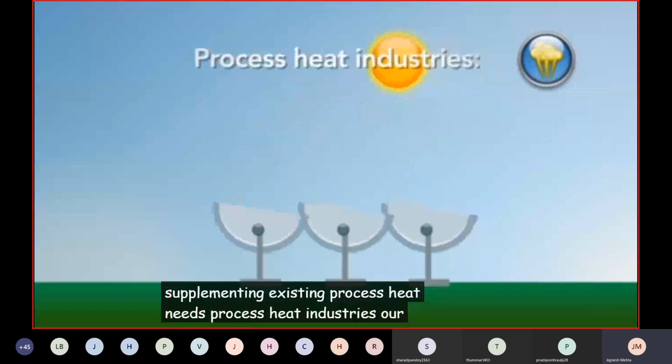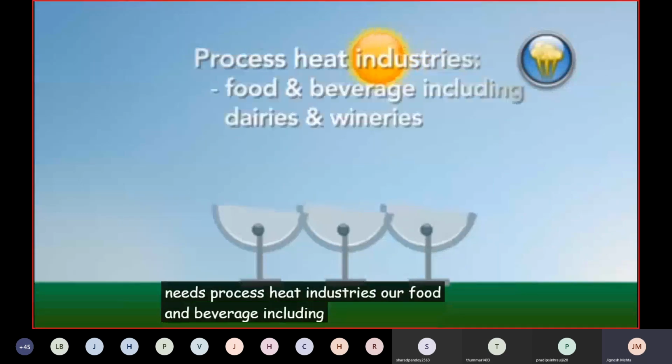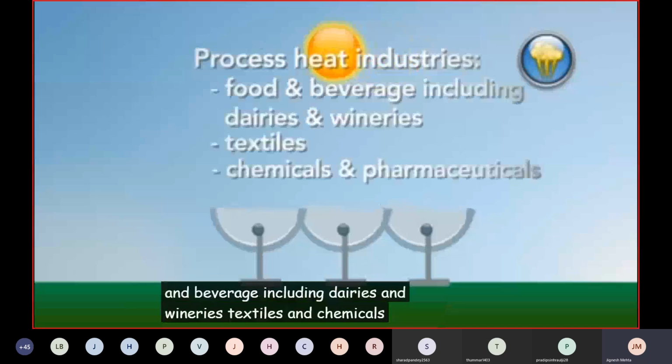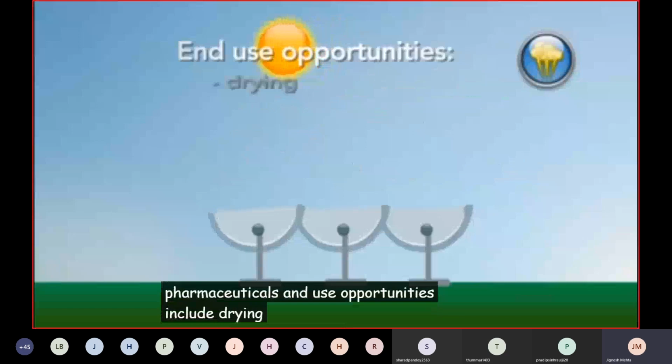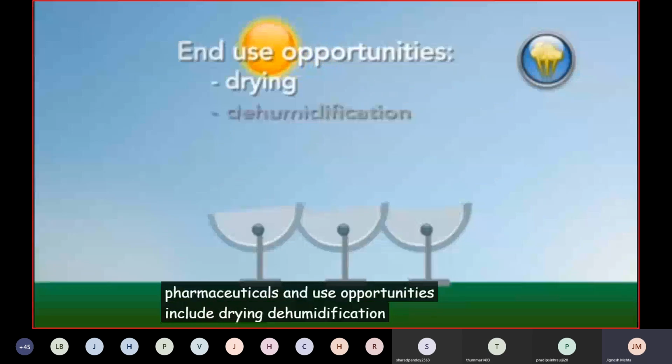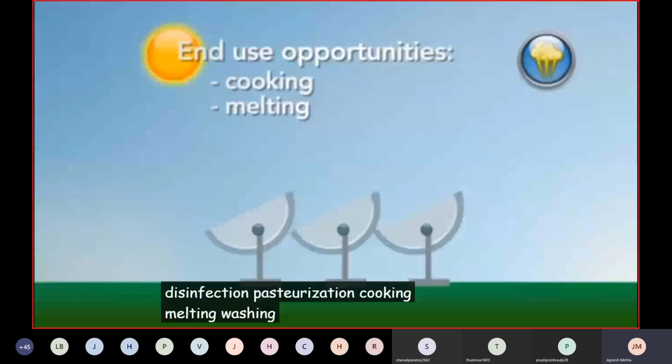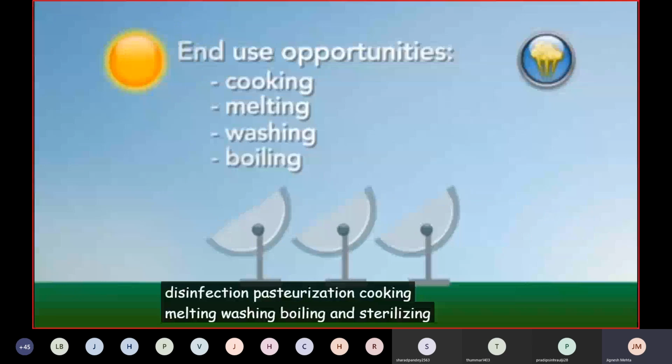Process heat industries are food and beverage, including dairies and wineries, textiles, and chemicals and pharmaceuticals. End-use opportunities include drying, dehumidification, disinfection, pasteurization, cooking, melting, washing, boiling, and sterilizing.